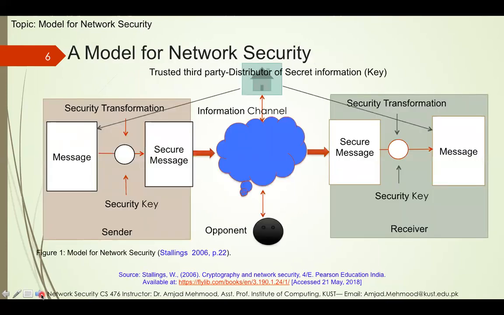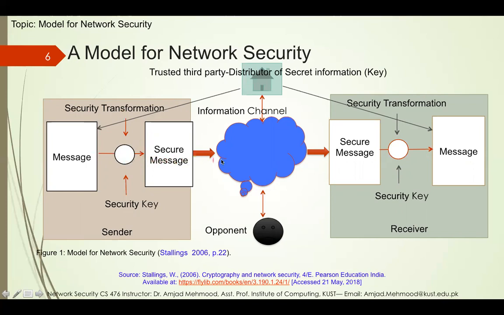This is a pictorial view of our model. For example, if the sender wants to send any information to the receiver, the sender performs the security transformation and applies the security key, which is provided by a third party, and converts that message into a secret message.